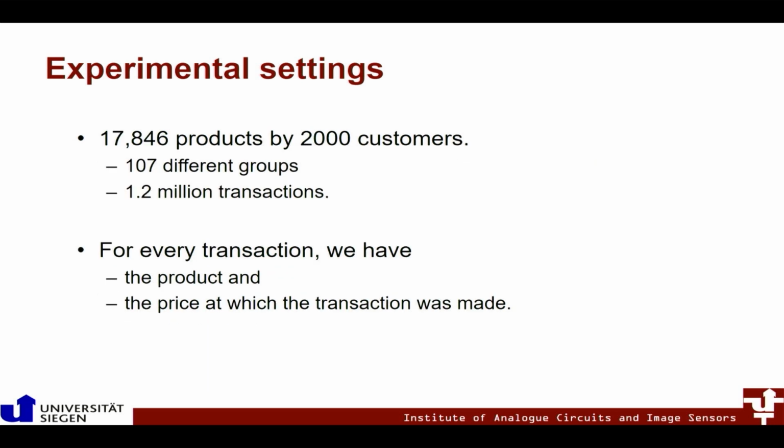And when we grouped them into different groupings, based on different times they came to our store, we ended up with roughly 107 different groups, with a total number of transactions being 1.2 million. So we have 1.2 million data spots. And for each transaction, we have what products they have bought and at what price they have bought. This will give us, if the price went up or down, did they start buying more?